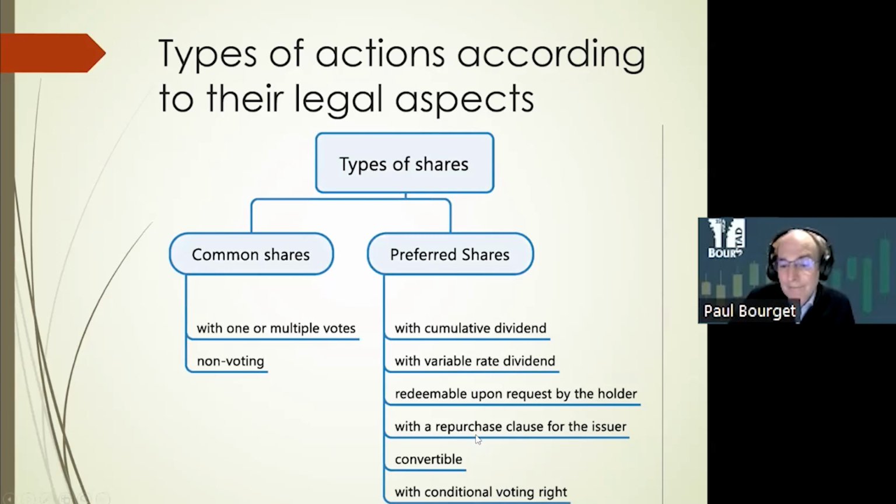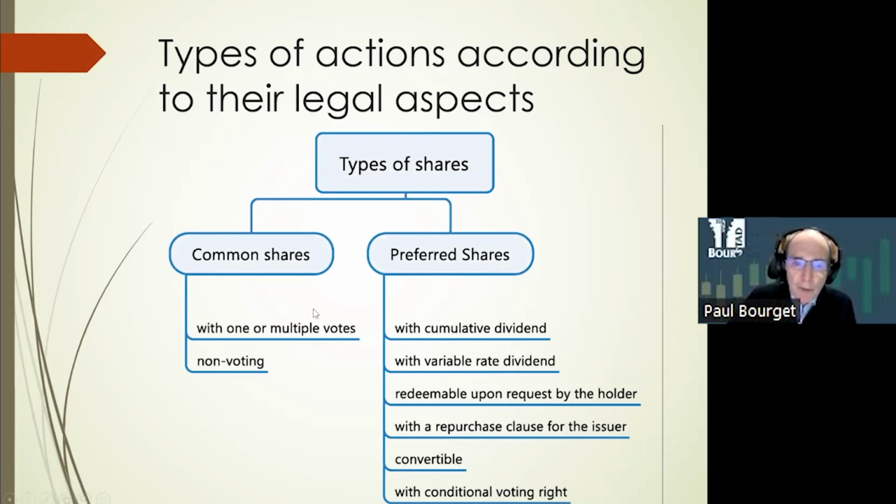He could decide to just repurchase the shares, and the price at which he proceeds is described in the clause, normally with a premium over what you obtained at issuance, but let's say that the holder is required to sell when there is such a clause.